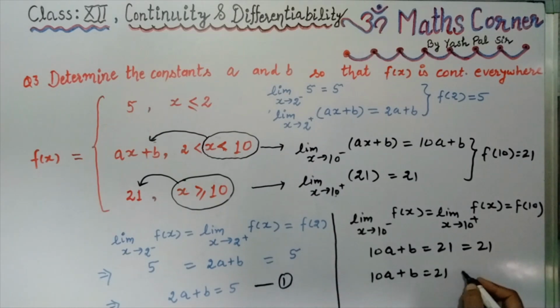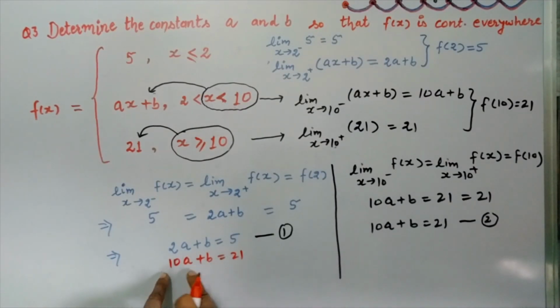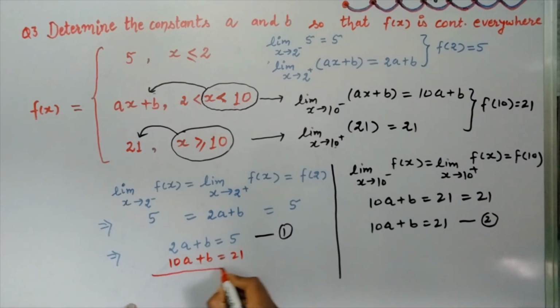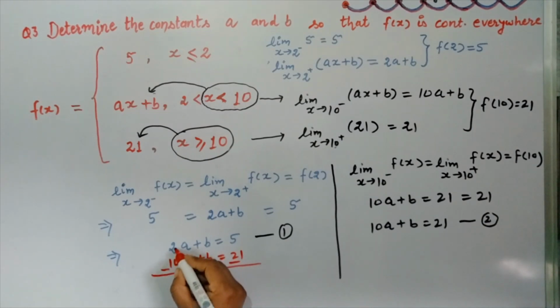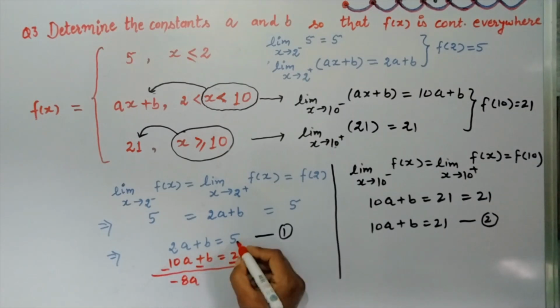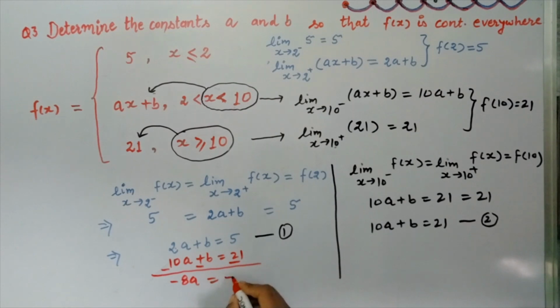So two equations are available now. This is first and this is second. We solve these two equations and find the values of a and b. We write the second equation here and subtract. On subtracting, the signs change. 2 minus 10 is minus 8a, b cancels, and 5 minus 21 is minus 16.